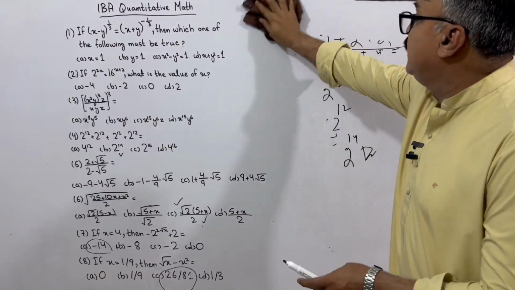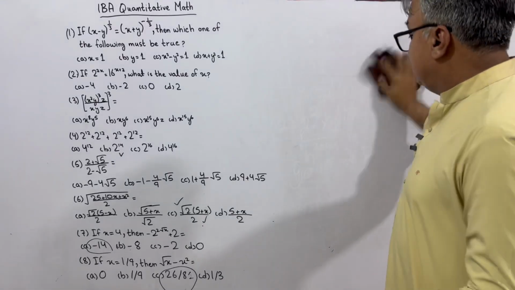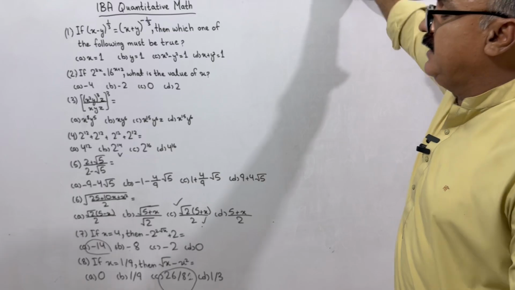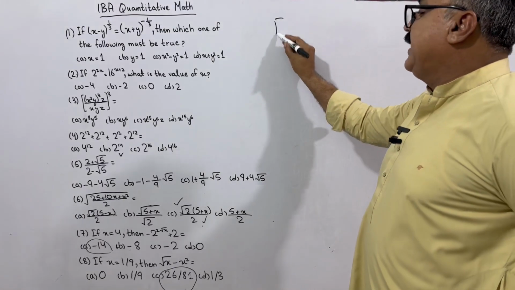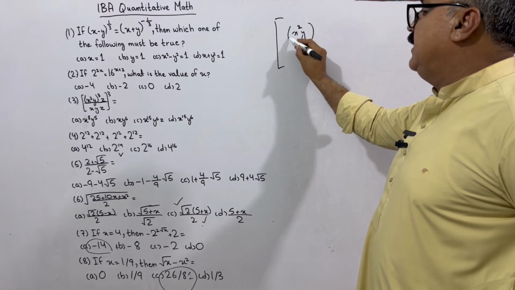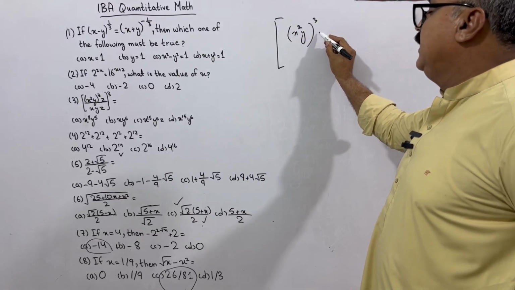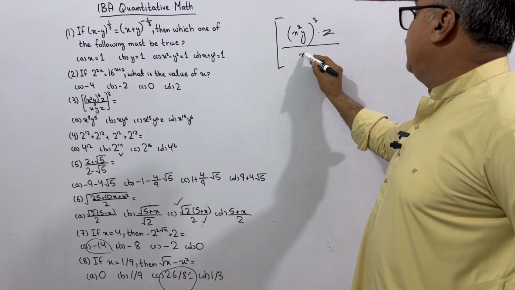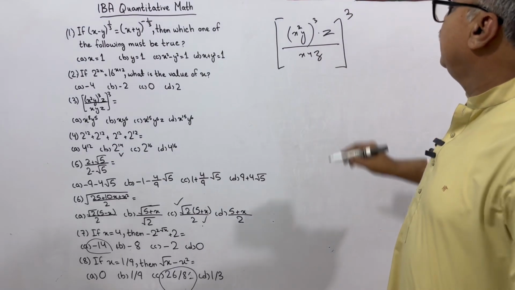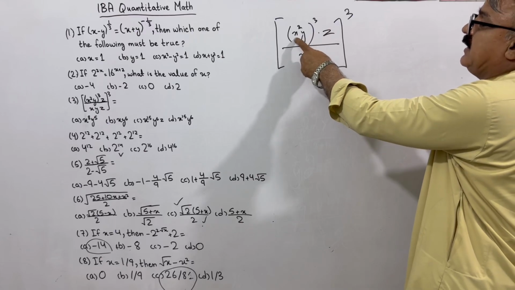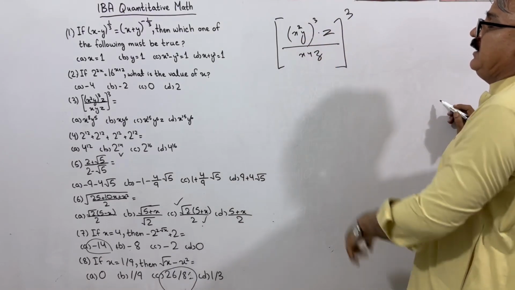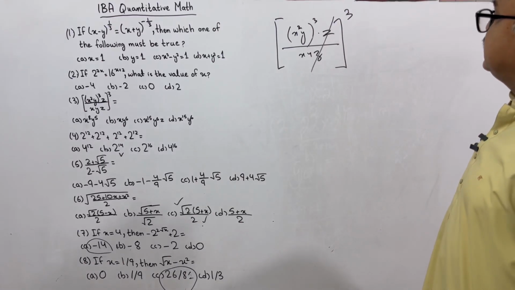Question number 3. Simple exponent rule to be applied here. That's bracket x square times y overall raised 3, times z, overall (x y z) overall raised 3. This power 3 belongs to x square and y only, and we can cancel out z directly.